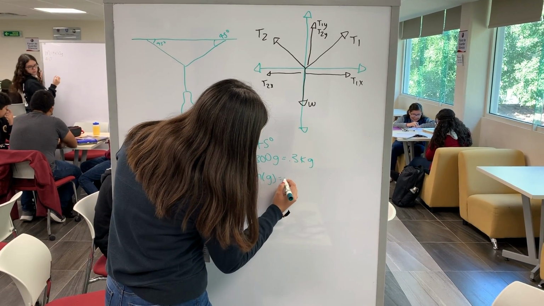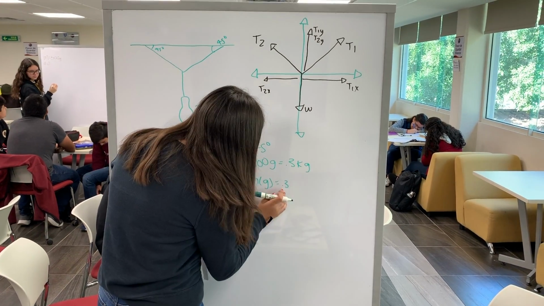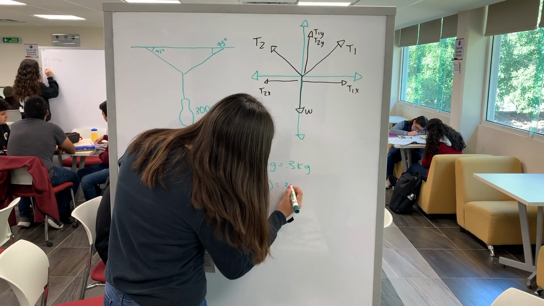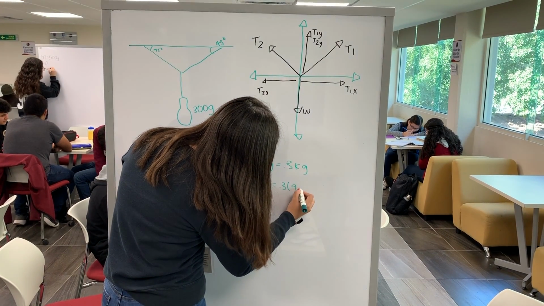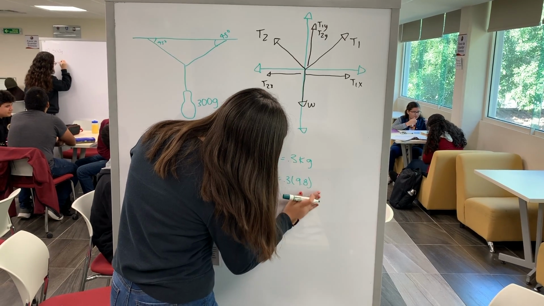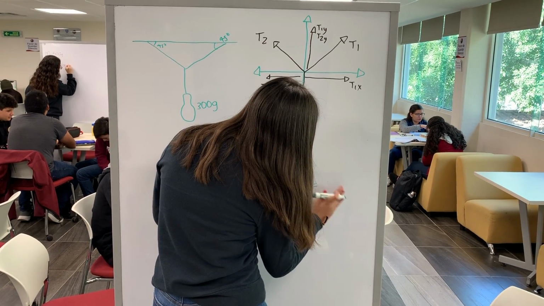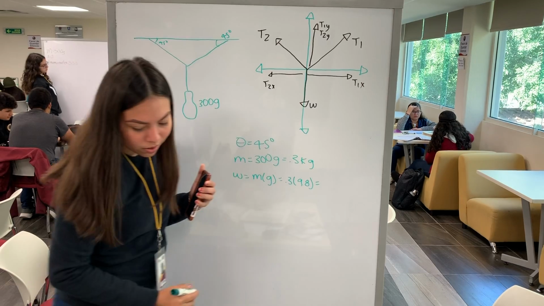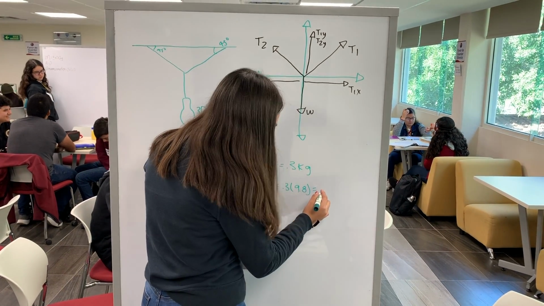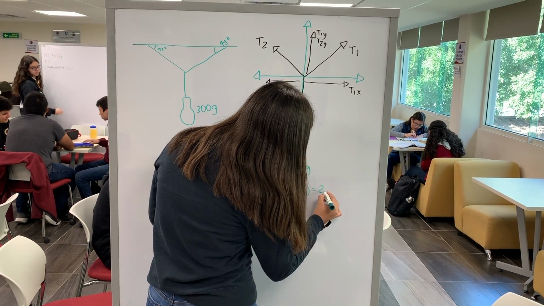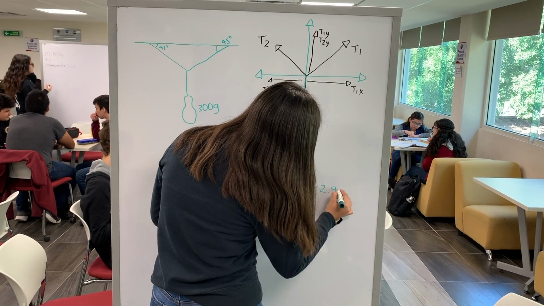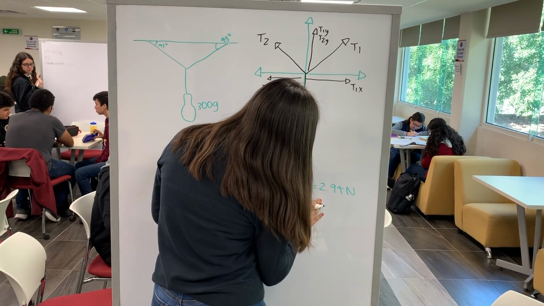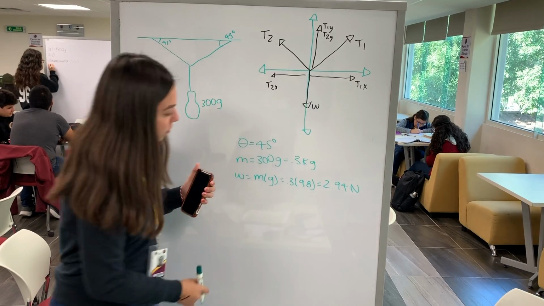The mass is 0.3 and the gravity 9.8, which is equal to 2.94 newtons.